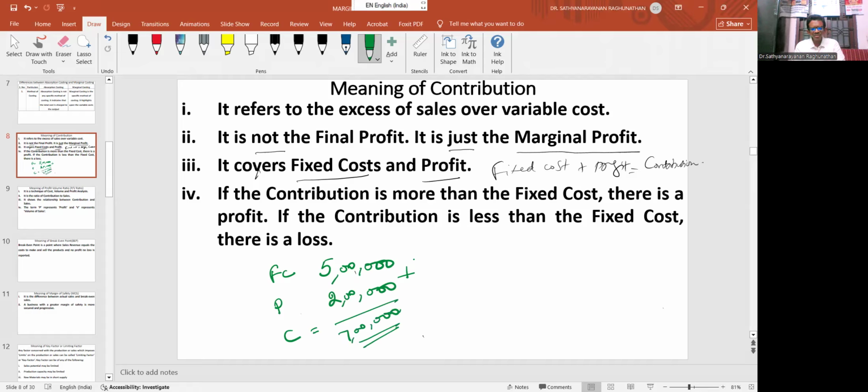Here contribution is 7 lakhs, whereas the fixed cost is only 5 lakhs. So the contribution is more than the fixed cost, so there is a profit.